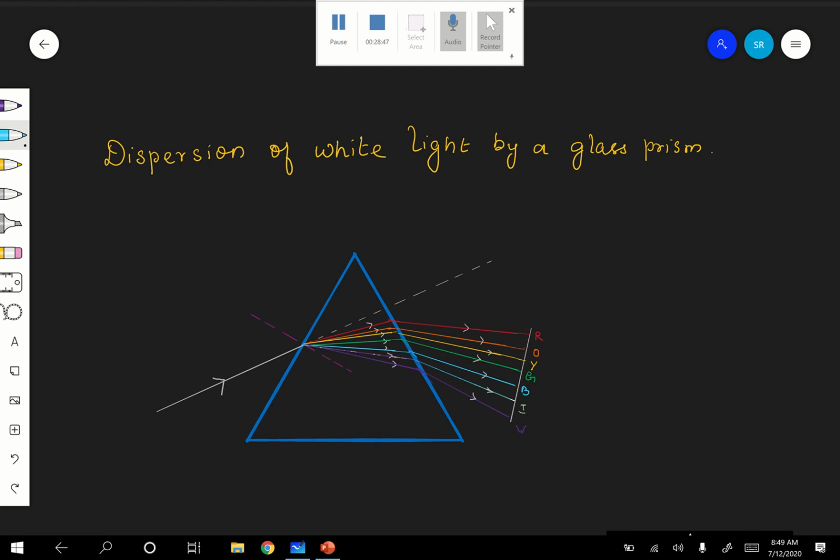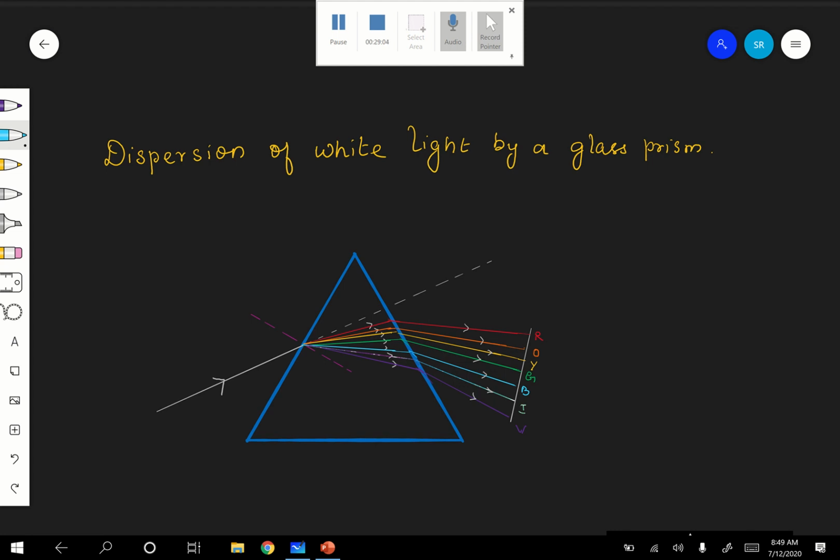See, dispersion of light, I asked you many times, you take notes. I won't write the definitions and all here, so you have to understand and take the notes in your classwork side by side. So, dispersion of light. What is dispersion of light?